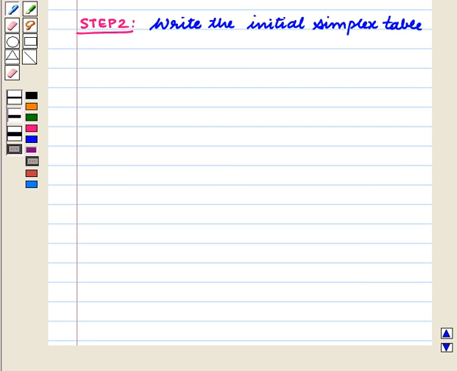Now our next step is to write the initial simplex table. In this step, we will form a table.